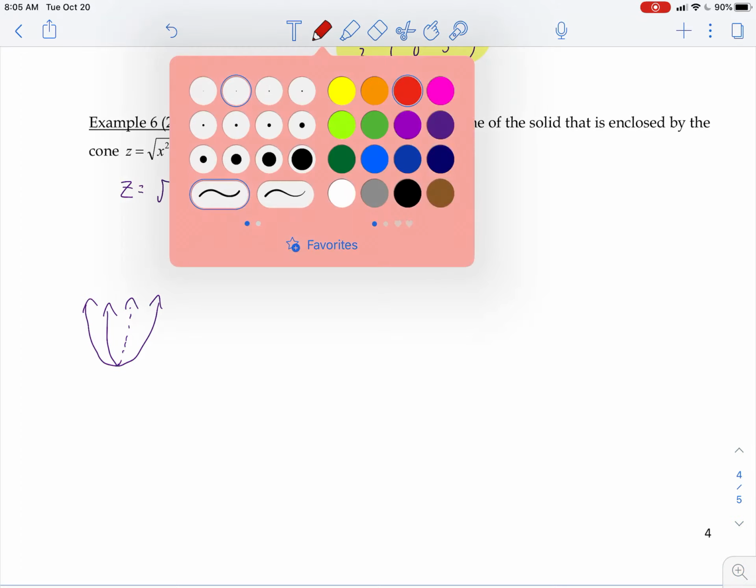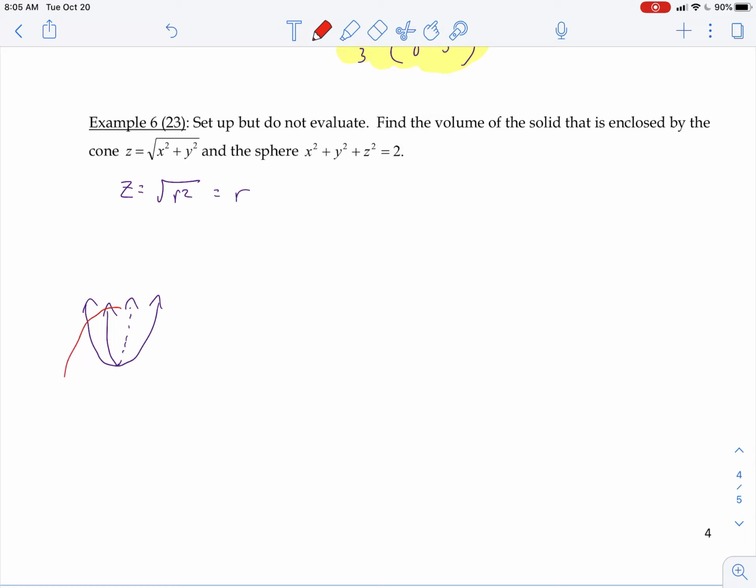And the sphere x squared plus y squared plus z squared equals 2. And so let me just draw the sphere real quick. And so we're looking for this area right there.